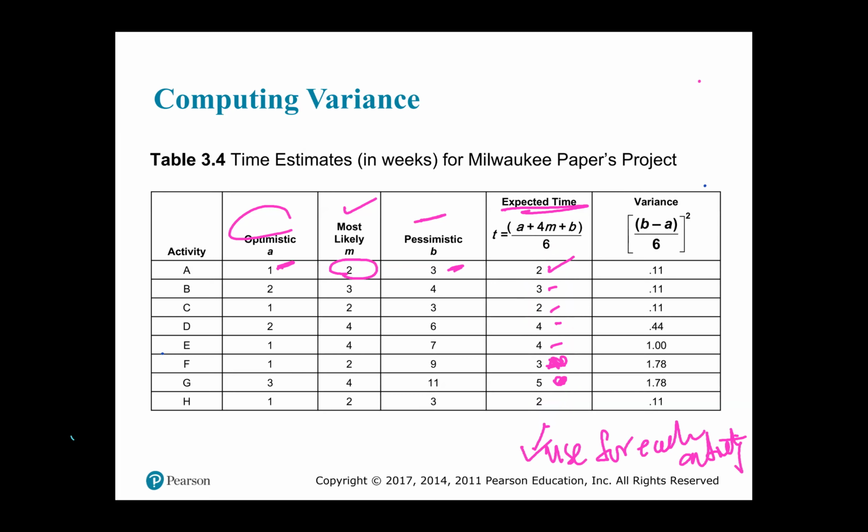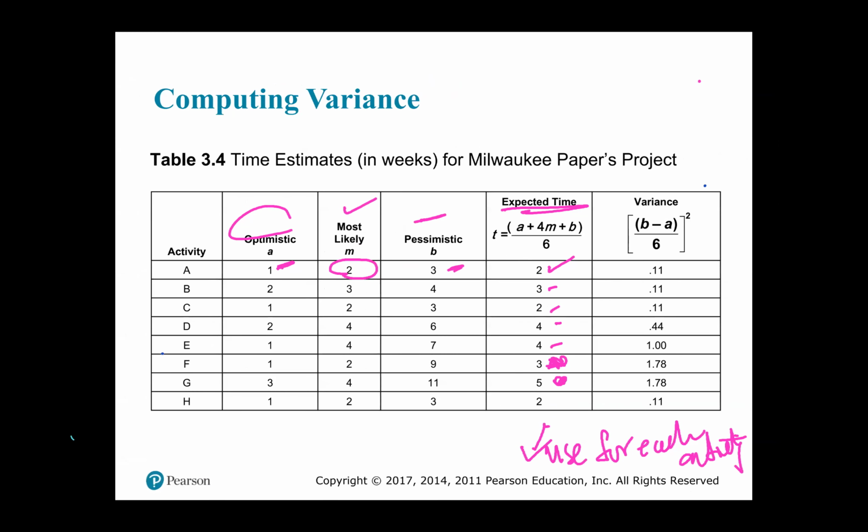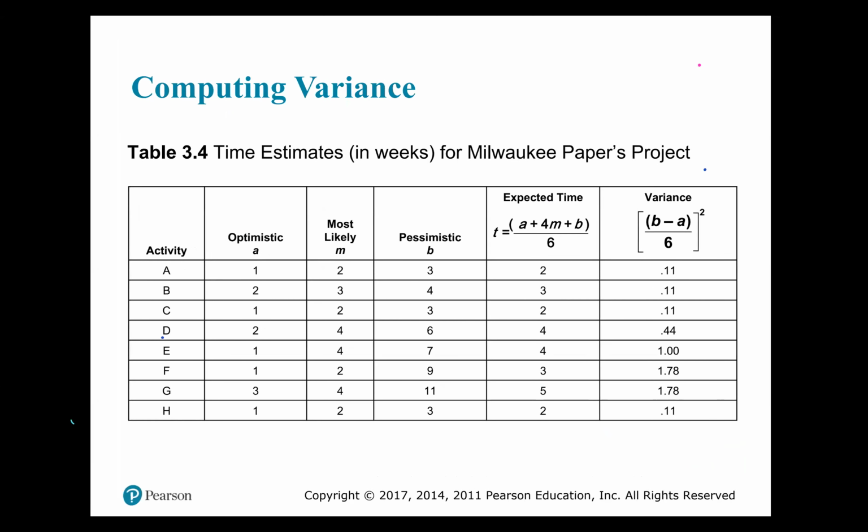Okay, again, I must erase before we go on. And we're coming back to the variance, so just focus on the expected time for the moment, please. Then we'll come back to the variance, all right?